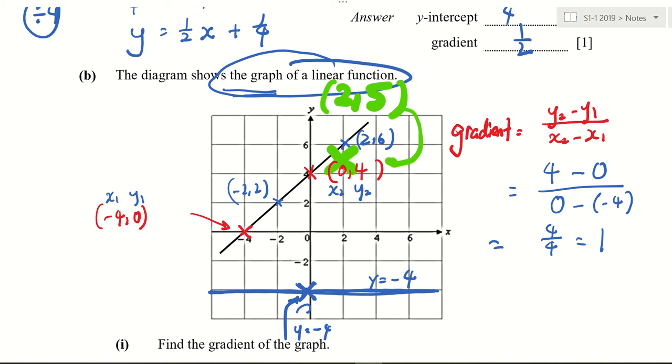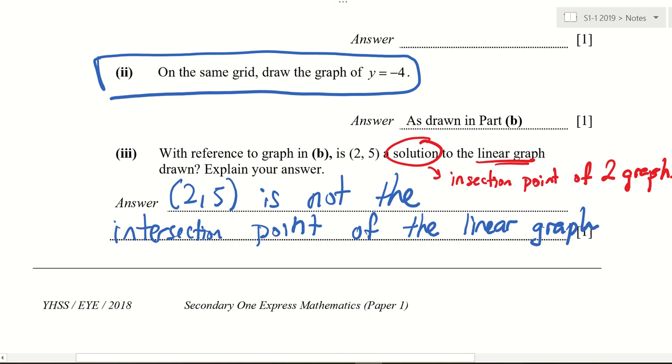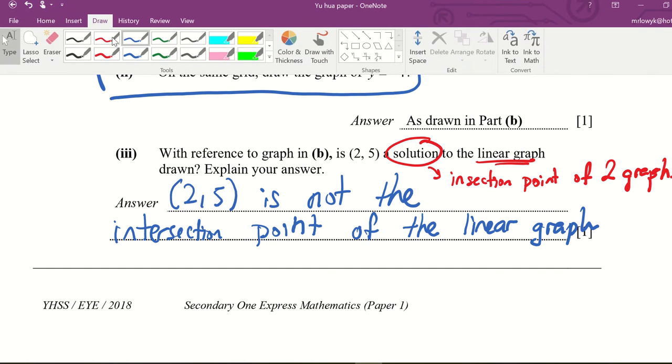Yeah? So how do I explain it? I will explain it this way. So let me take out a red pen. I change the explanation.